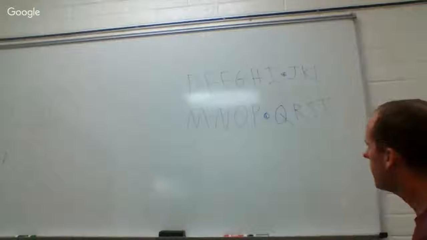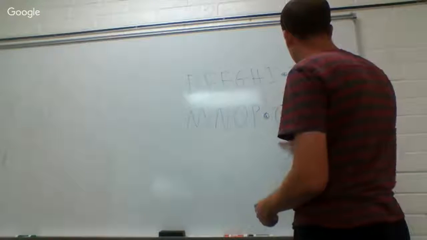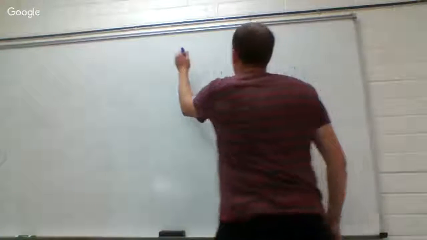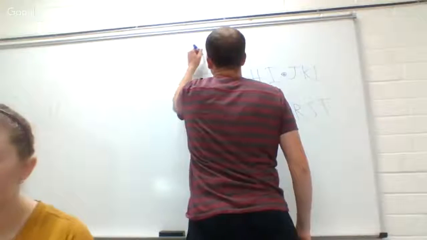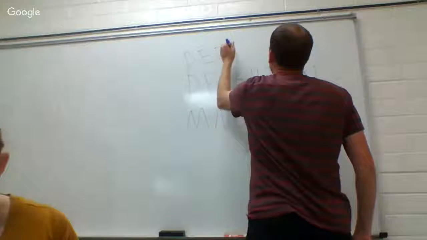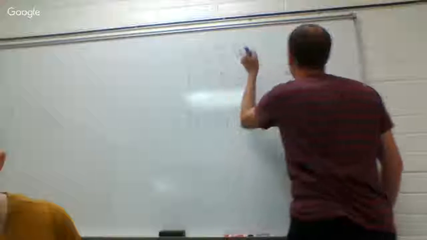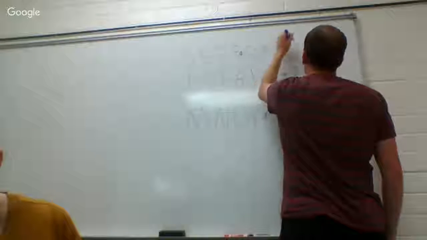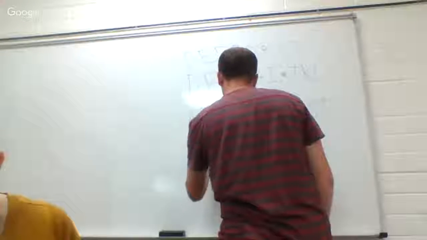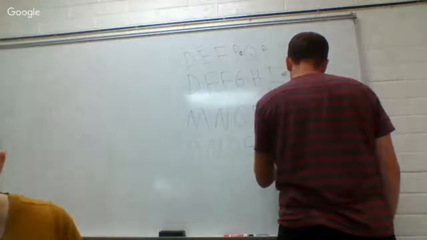A piece of this one went into this one, and a piece of this one went into this one, and we ended up with D, E, F, P, star, Q, R, S, T. And the next one is M, N, O, G, H, star, I, J, K, L.